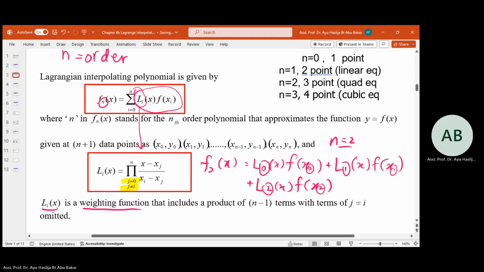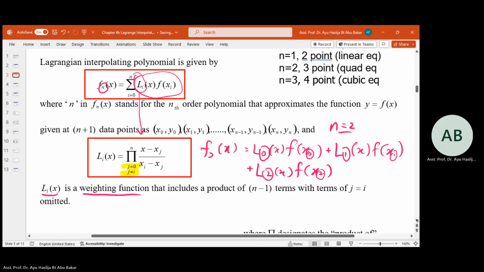Now to find L_i, each L_i will have different values. For example, we have L0. Here n equals the order just now; let's say we have order 2.